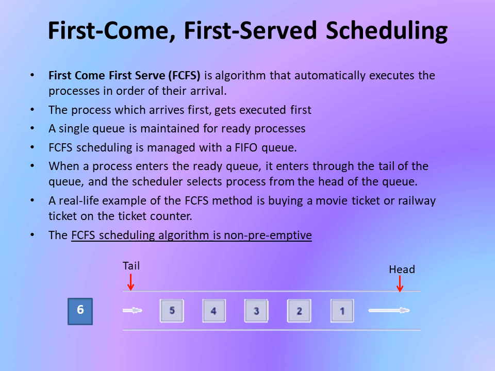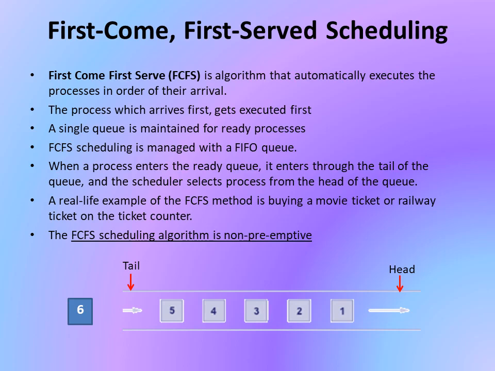So it will select the process from the head of the queue, that is, process number 1. So a new process enters from the tail, whereas a process for execution is selected from the head of the queue.